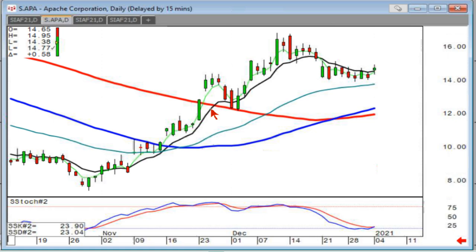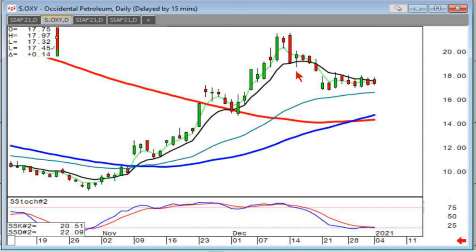Is GIF one? Here's Apache. Look where the sell signal was. This is the first indication that there's a change of investor sentiment. Is the sell signal itself, a bearish left-right combo, evening star signal. So that told us that this sector was probably over.